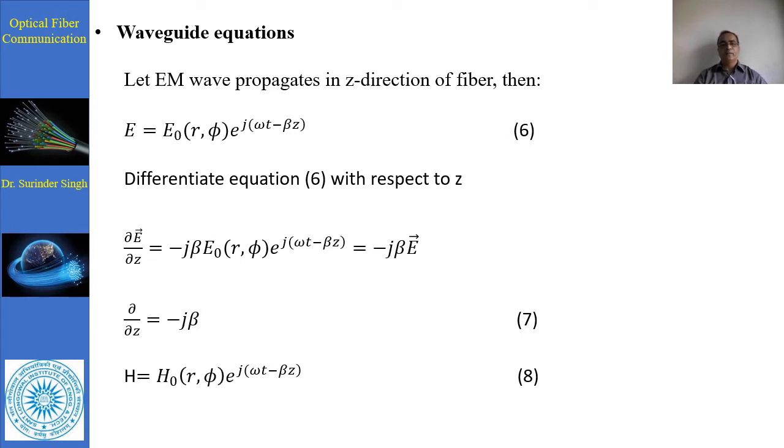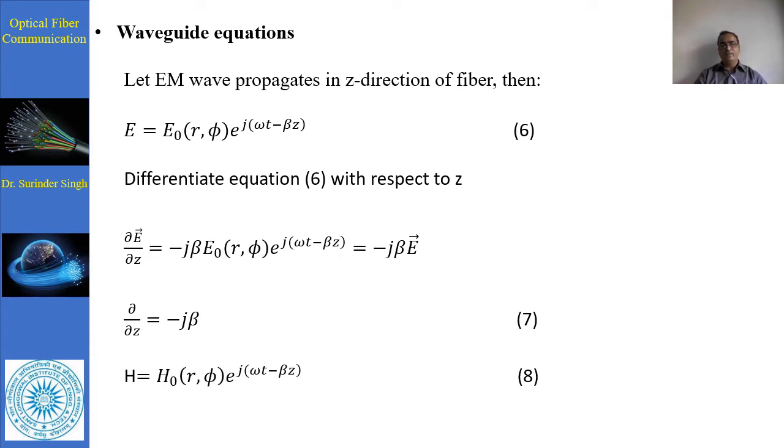So that is obtained. Now, in order to solve further, we have to differentiate this equation with respect to the direction of propagation. When we take the differentiation, the component of E is obtained the same, the factor j beta comes, the other part becomes 0, and the negative sign is merged out.